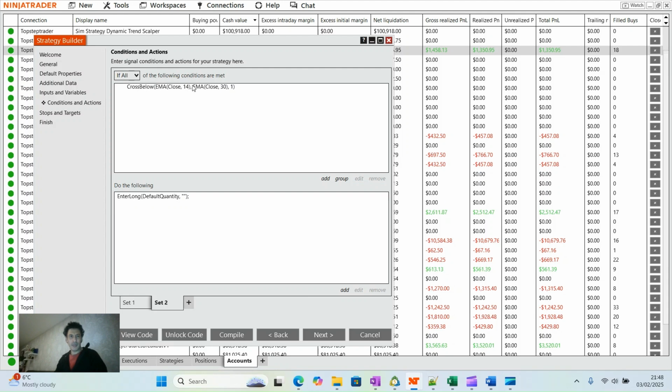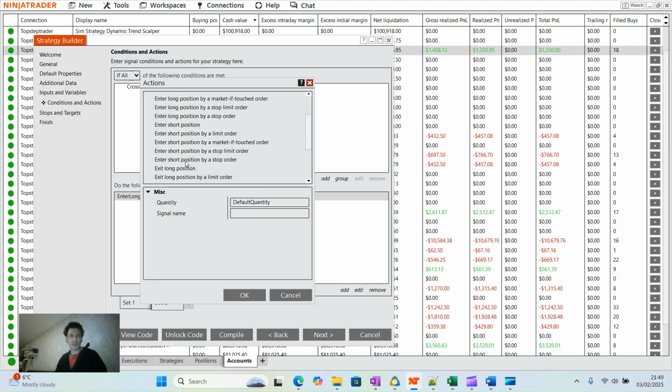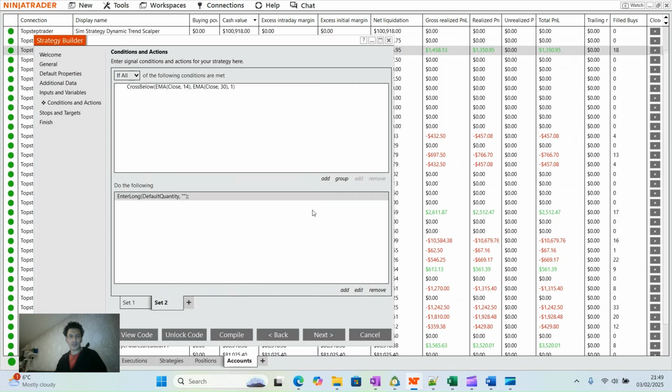So the EMA 14, which goes much faster than the 21, if it crosses below the 30 EMA, I'm just going to exit the long position. It's a simple strategy, and I'm going to compile it.